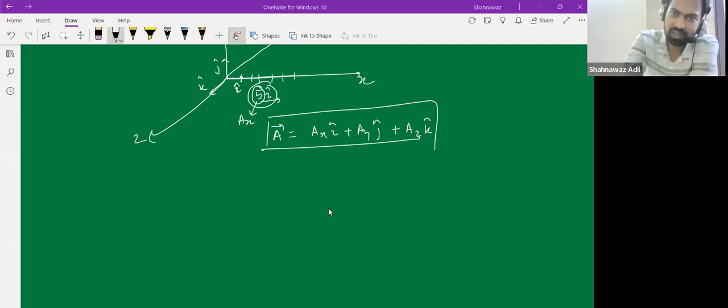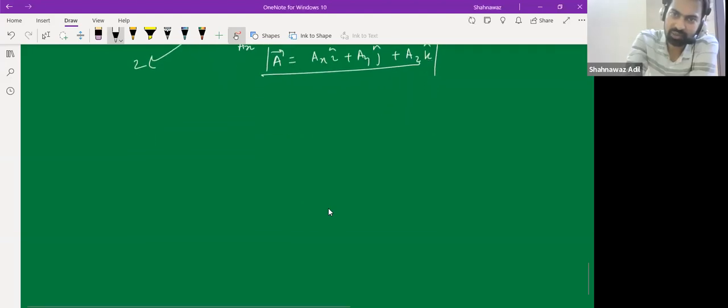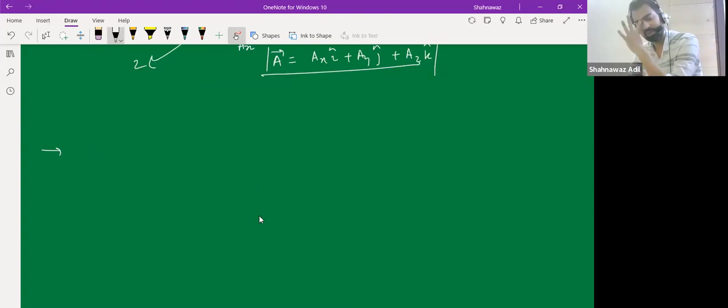Yeah, so this is the Cartesian form of a unit vector. And then we also saw that if we have two vectors, then we can do some operations on them, right? The first was the resultant of vectors.